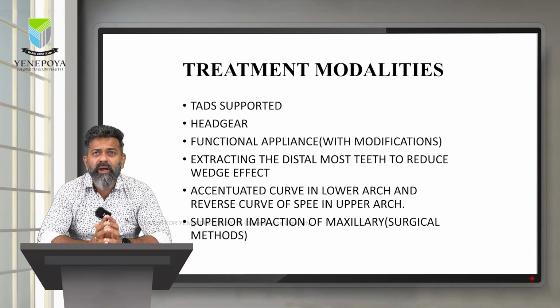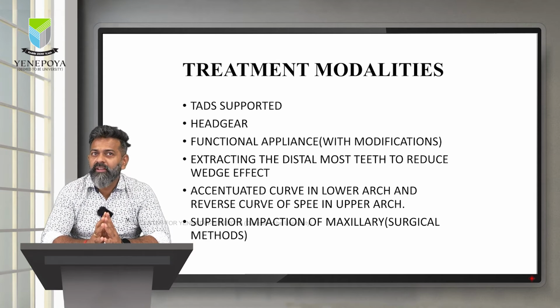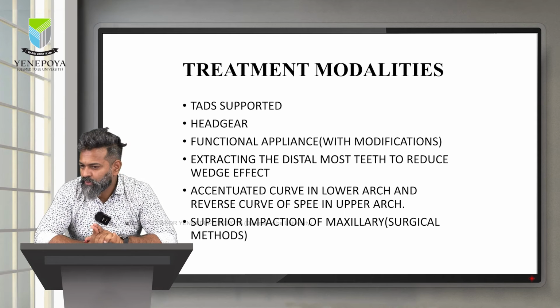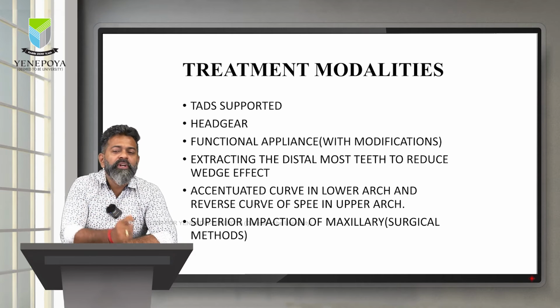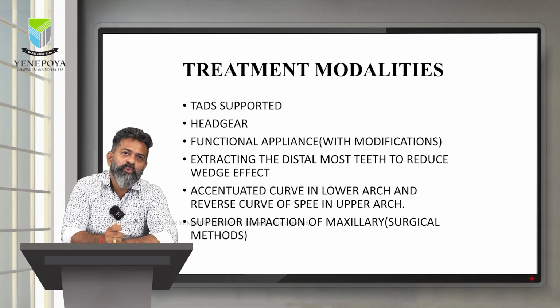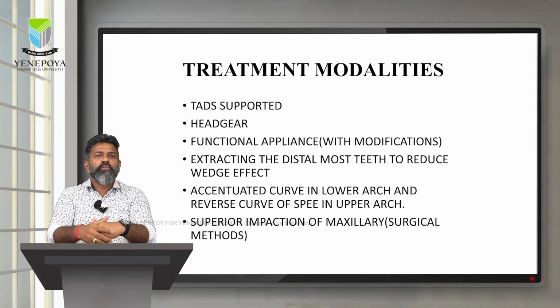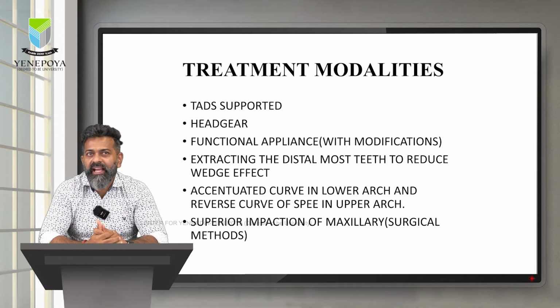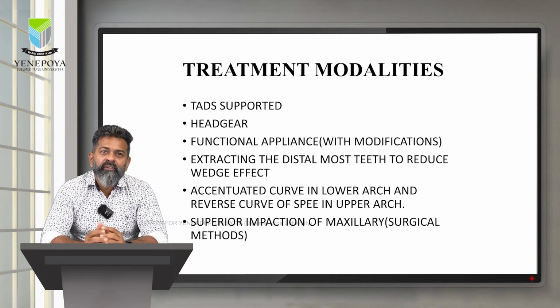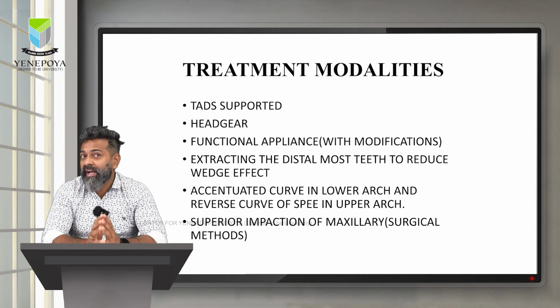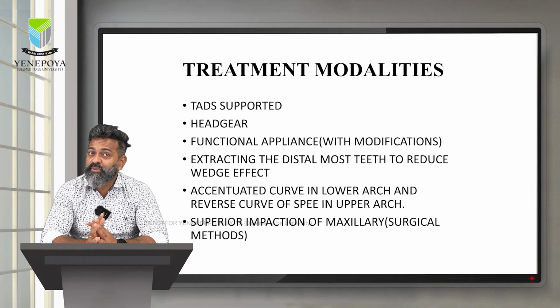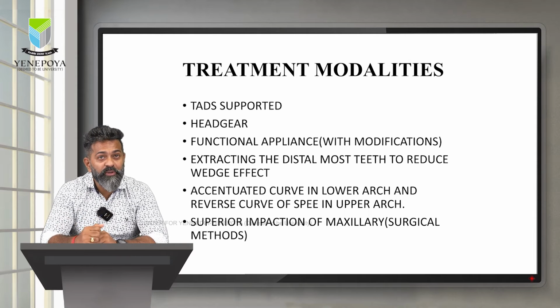Now, let us come to the treatment modalities which may cause autorotation. What are the treatment modalities we can use to get autorotation? They are as follows: TAD supported, that is, temporary anchorage device supported. In a growing patient we can use headgear to bring about changes causing autorotation.